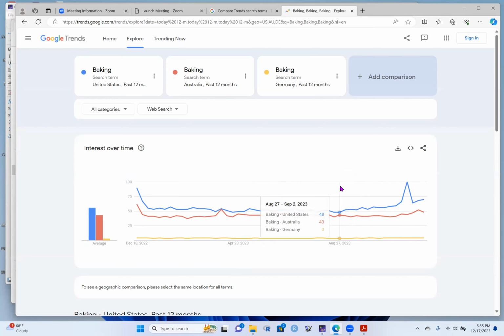Now, let's go back to the long-term trend again and answer some questions. We need to do that for the 3 countries. So interest in baking, again, since 2004, this is what we're going to be looking at.